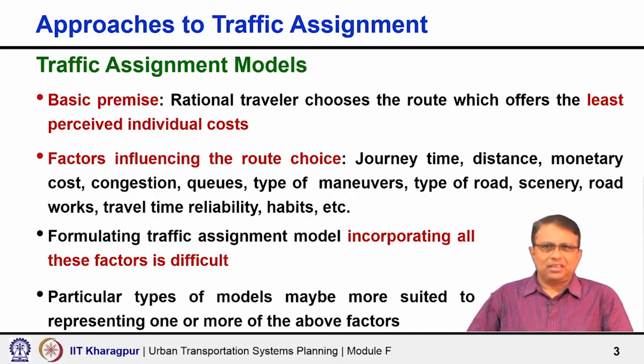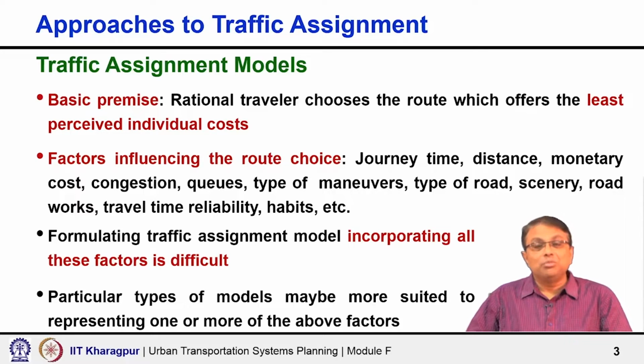There are several factors which influence the route choice. For example, people consider the journey time, and they compare along different routes. Some people may consider distance, similarly some may consider monetary cost, congestion, queues, the type of maneuvers one has to do, the type of road, and any temporary work.